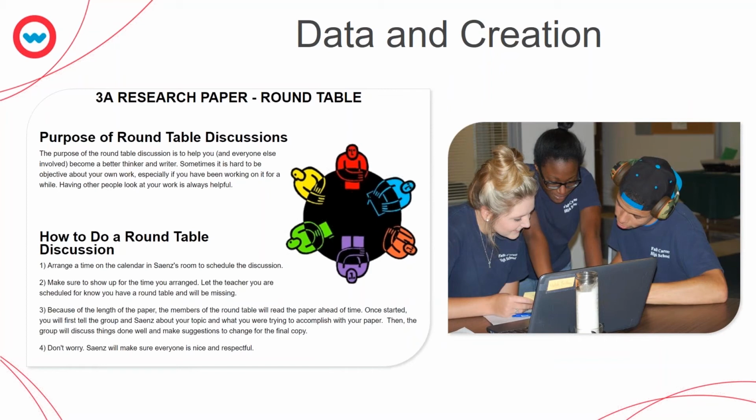After the student turns in a rough draft, there's another lesson that's inserted, just called a roundtable. So this again is where the student gets together with the teacher. If it's an advanced student, maybe, or advanced maybe isn't the right word, but in certain circumstances, you could have the student just get together with other students and discuss the paper and talk about edits and things that need to happen for the final copy.